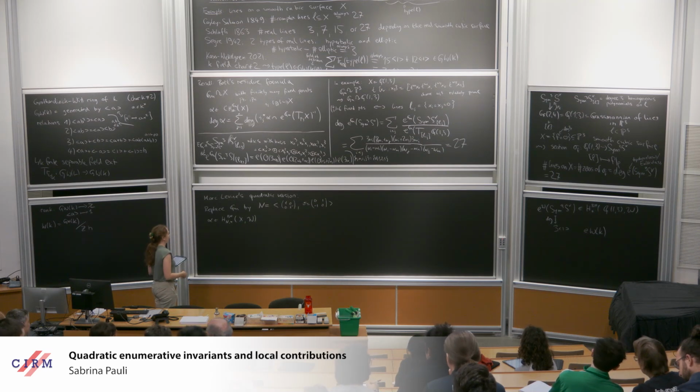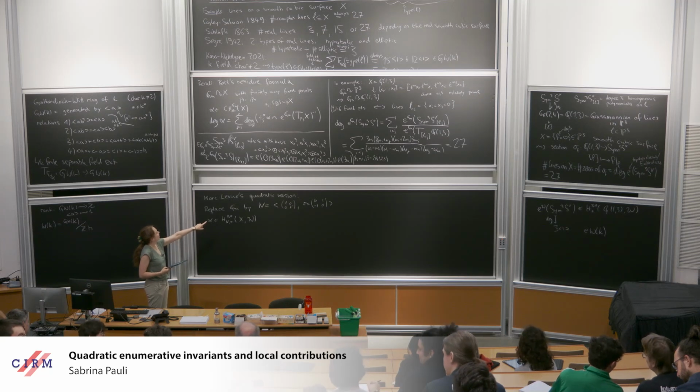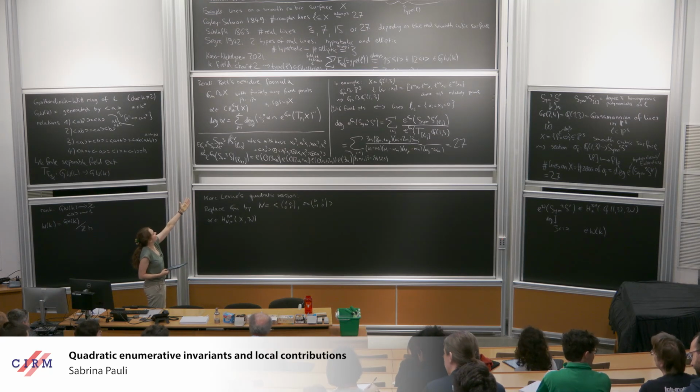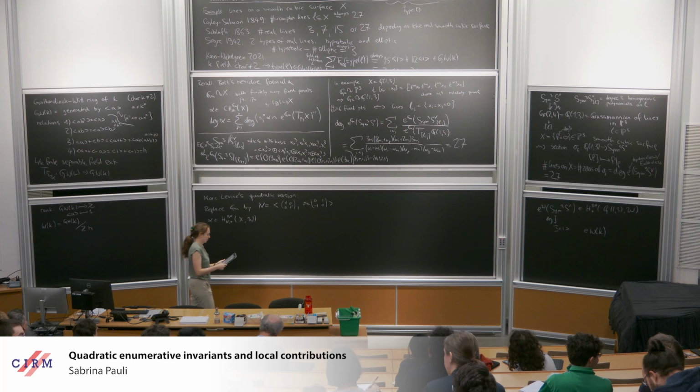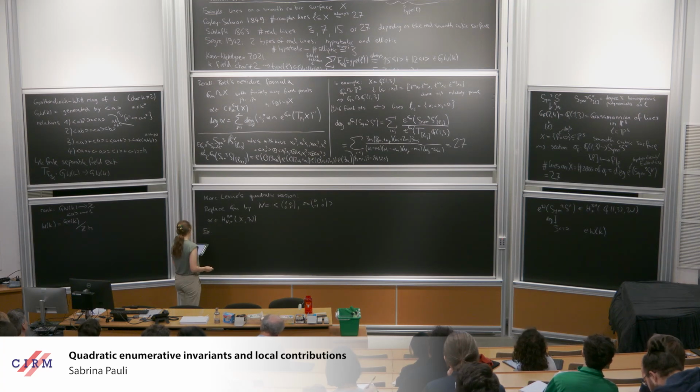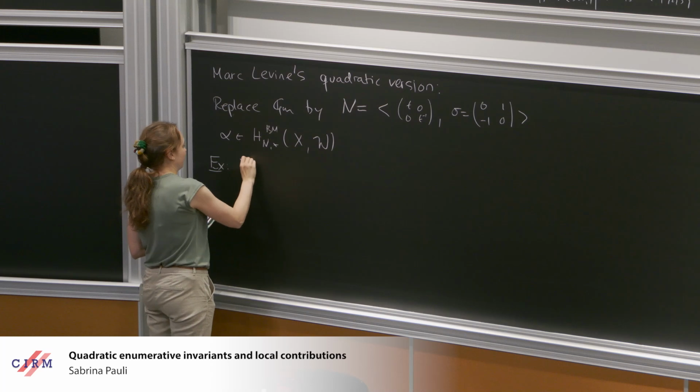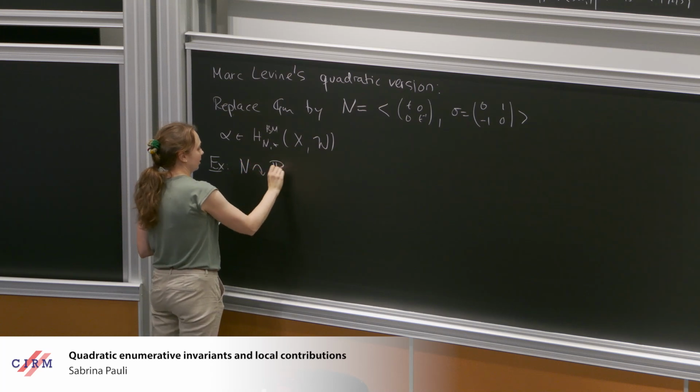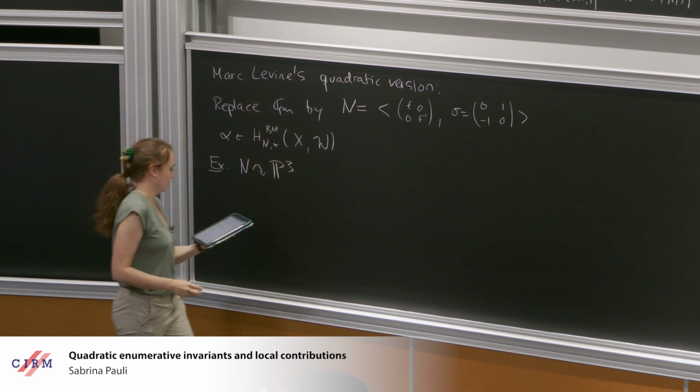Okay. So we want to replace this by N, and we get the exact same formula. So now let's move right on to the example. Now I can act on P3. How do I want it to act?